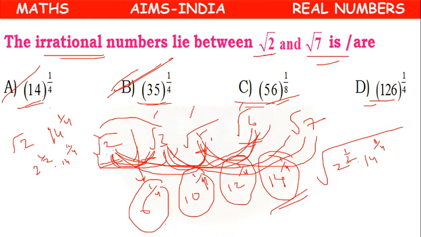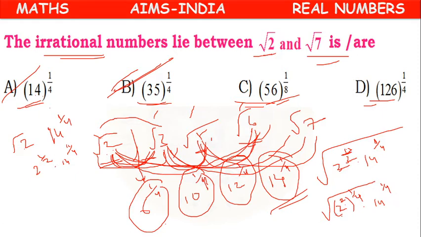Here we have 2, here we need 4. We can multiply and divide by 2, both numerator and denominator. So 2 power 1 by 2 can be written as 2 square whole power 1 by 4, times 14 to the power of 1 by 4.